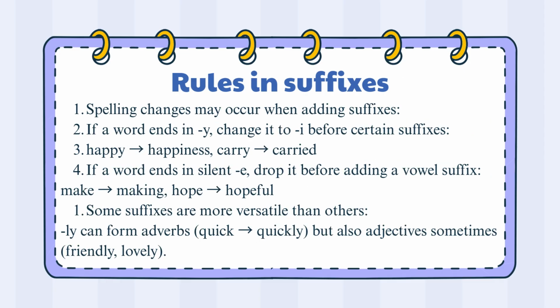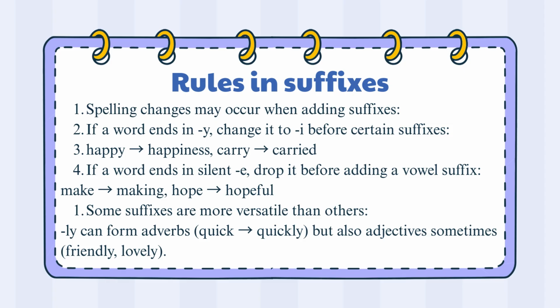And the rules that govern suffixes. One, spelling changes may occur when adding a suffix. So just know that when you add a suffix to a word, it may change the spelling of the word. Number two, if a word ends in Y, change the Y to I before you add certain suffixes. For example, happy becomes happiness.